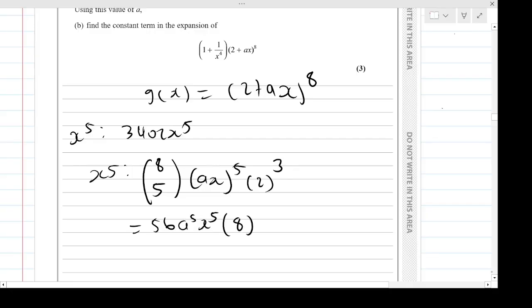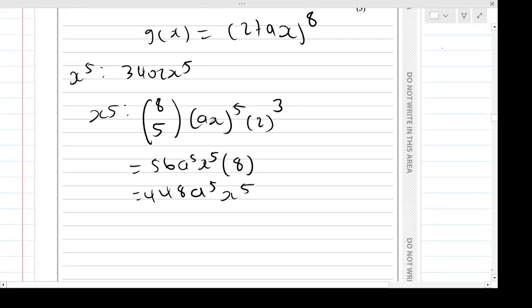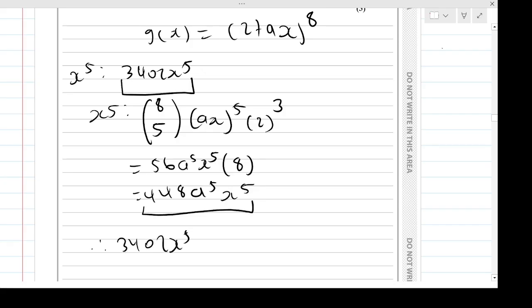And 56 times 8 is 448, so we get 448a^5 x^5. So that is the x^5 term, but we also know the x^5 term is given to be 3402x^5, so we can compare that: 3402x^5 is 448a^5 x^5.